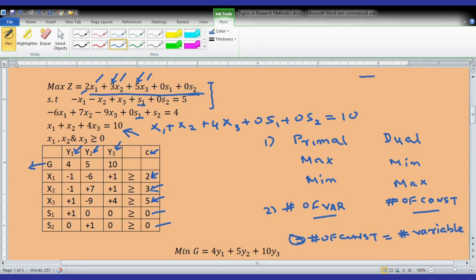In the second row, 3 is the coefficient of the second variable x2, and so in this first column we have x2 and so on. So in an ordered way, x1, x2, x3, the first variable, the second variable, the third variable, the fourth variable, and the fifth variable in the objective function.